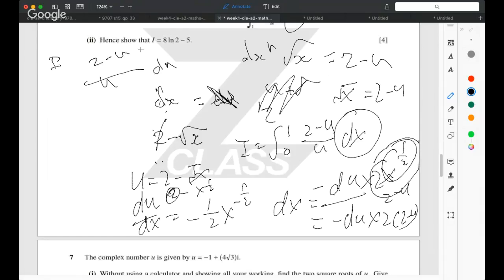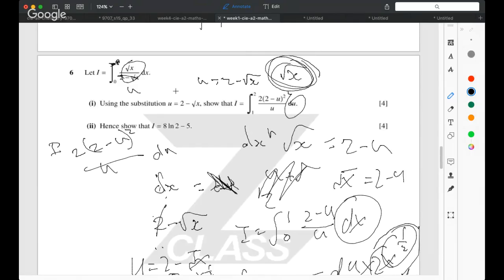Then you times by dx, which is minus 2 times (2 minus u) du. Yeah. So you compare to this one.